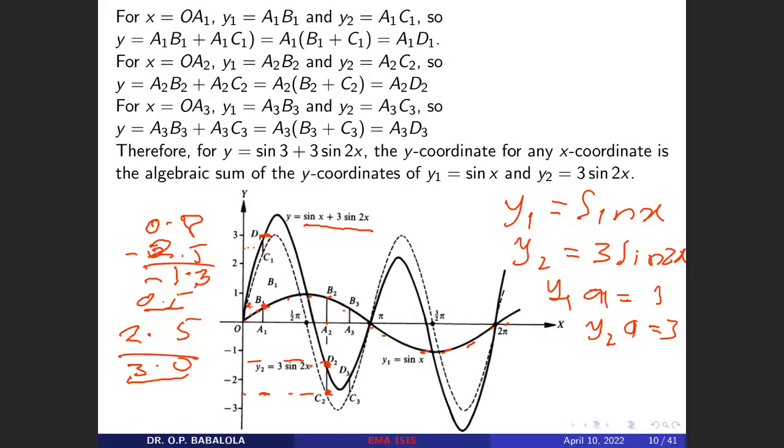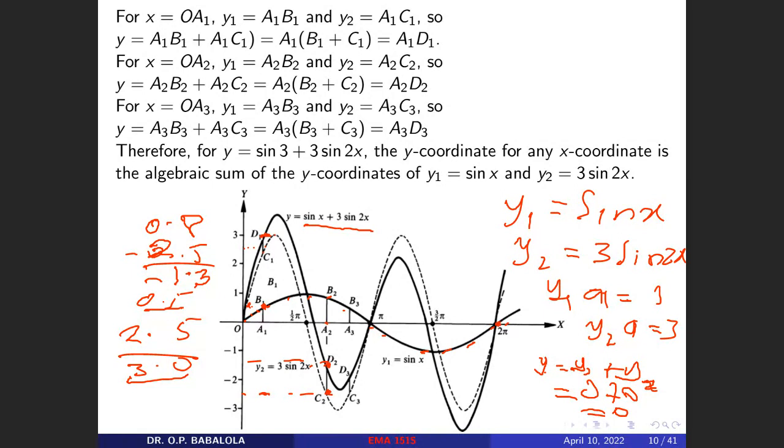And when you take a sum of these two at 2 pi, let's say we pick this point is 0, and then for y2 is 0. So their sum, y1 plus y2, is 0, and you get it here for their sum.